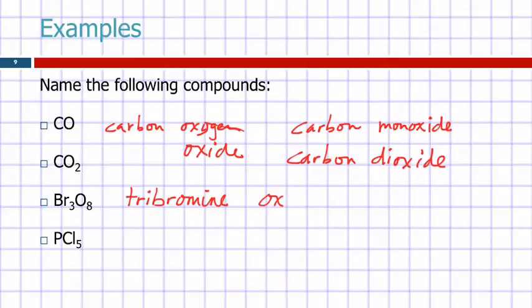Octoxide. It still ends up seeming strange, but there it is. Now, if I was giving you a written exam and you wrote tribromine octaoxide, I would not count that incorrect, because even some chemists disagree about when you should keep the A and when you should leave it off. So when you drop the A, it always goes to O?